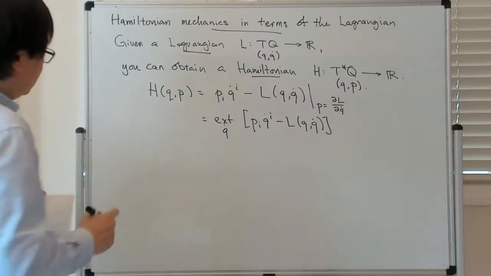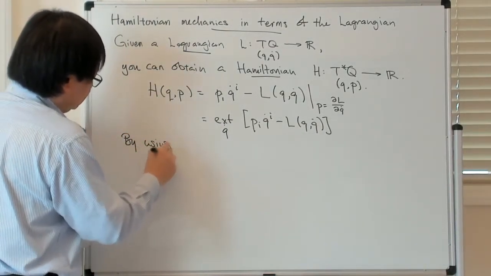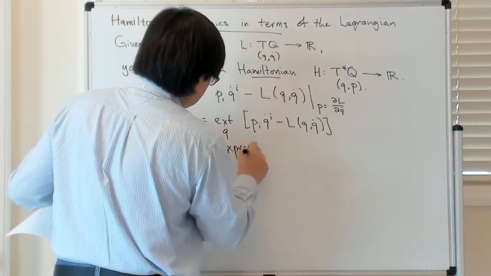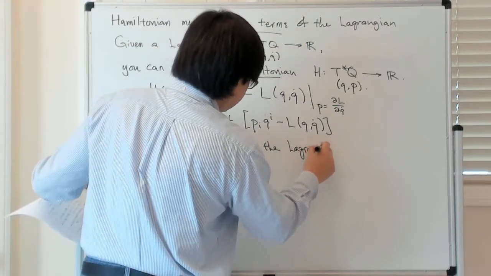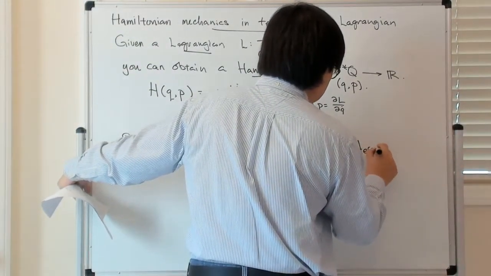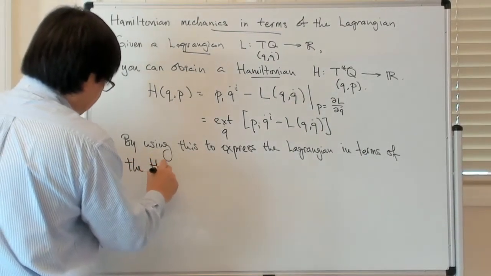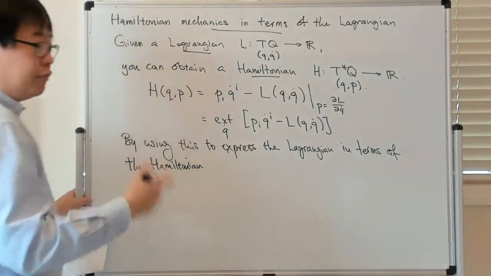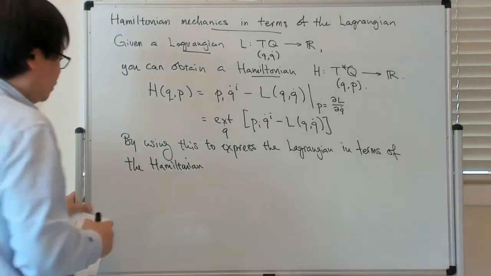Okay, so by using this to express the Lagrangian in terms of the Hamiltonian, you can modify Hamilton's principle to what is called Hamilton's phase space principle, right?